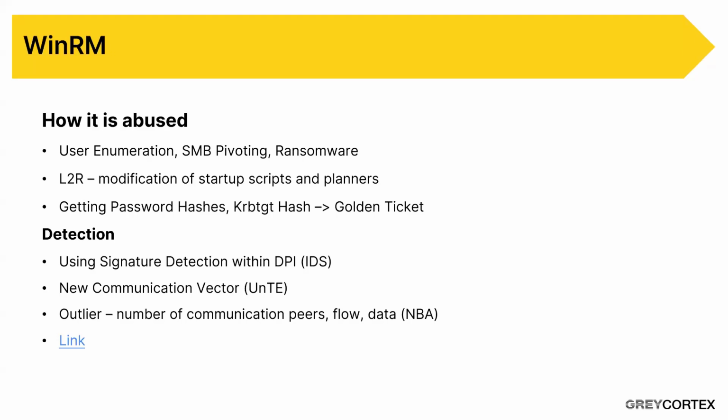You use that hash to get inside, exchange the information you need and run the commands you need. We are using, again, all three feature sets: IDS, universal tagging, and NBA. Let's see how it looks.